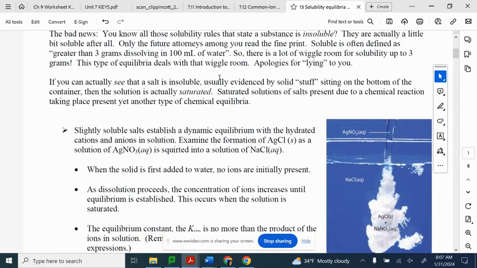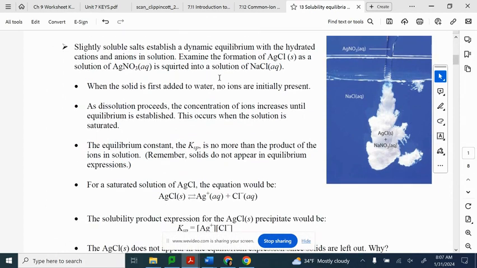Okay. So we did have a definition in those boxes that was an SS. Those are considered slightly soluble salts. They have a dynamic equilibrium, meaning that some of the solid is forming and some of it's going aqueous and back and forth. Okay. You actually did a lab that was similar to this back in regular chem.